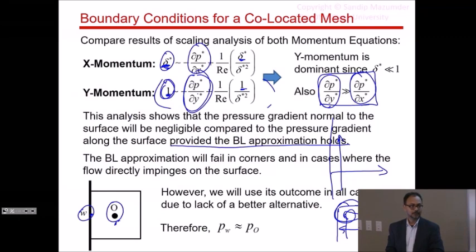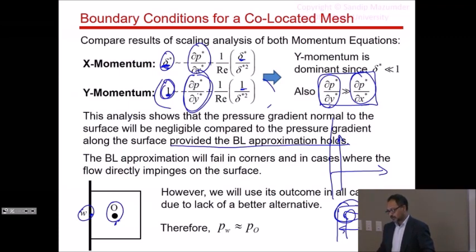Okay? Even there, locally, if you really plot the velocity vector locally in each cell, you will find that close to the boundaries, the velocity vectors are pretty parallel to the surface. May not be exactly parallel, but pretty parallel. All right?